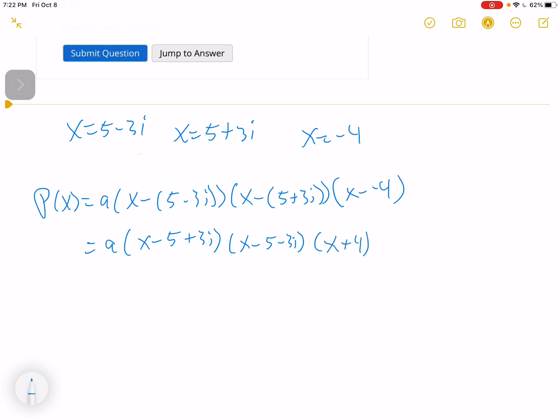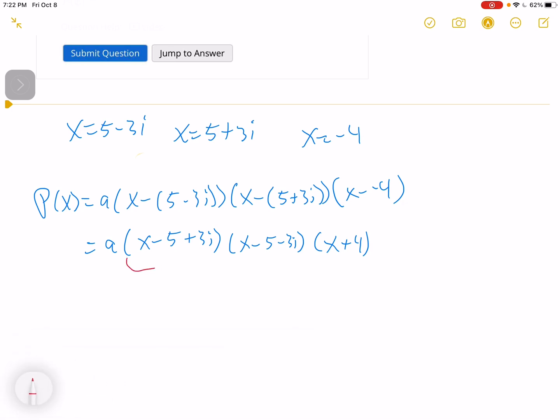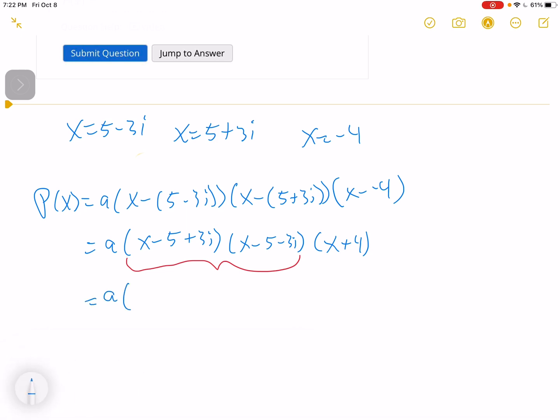What I'm going to focus on here is these two, because they're complex conjugates, the imaginary portions will go away. Let's see here, so we're going to have a times x squared minus 5x minus 3ix.